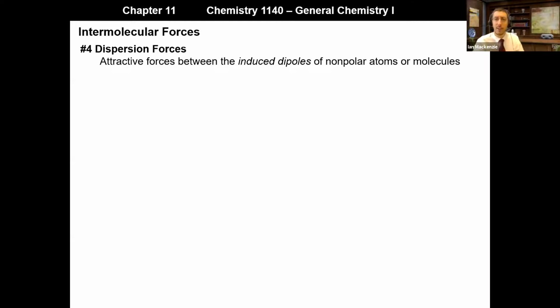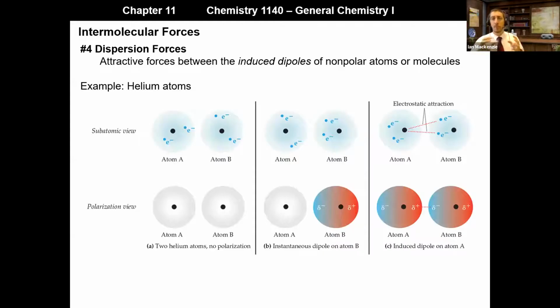What exactly is an induced dipole? Well, let's take helium atoms as an example. So very simple, a helium atom just has 2 electrons rotating around it in its 1s orbital. And most of the time, a helium atom has no partial charges to it in its normal state.